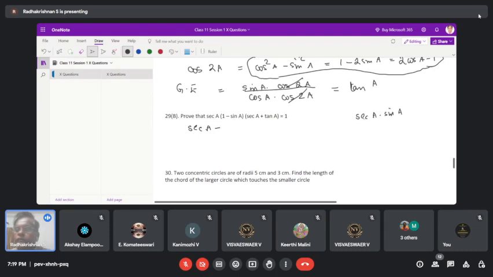What is the relation between secant A and cos A? Cos equals 1 by secant, so secant equals 1 by cos.